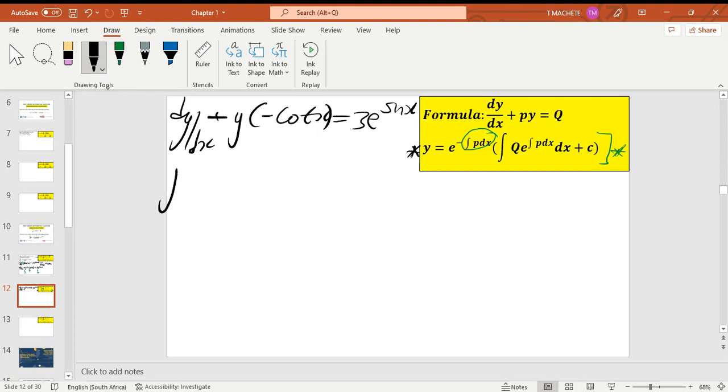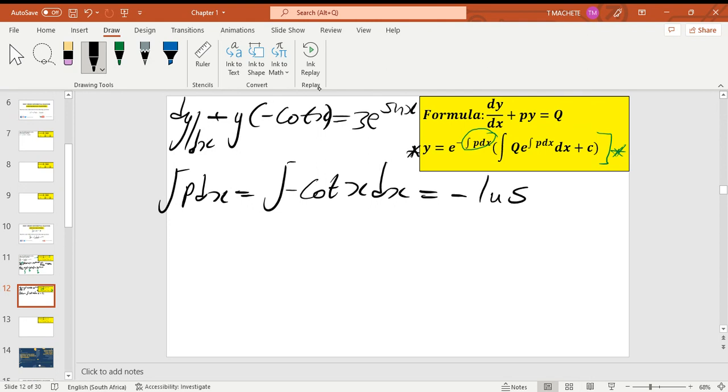So we're gonna say p dx equals, you know your p. I told you that your p is minus cot x dx. And then you're gonna have to integrate this cot x. If you go to your table of integrals, you will see that cot x gives you ln sine x. The minus is originally from here. That's where the minus comes from.